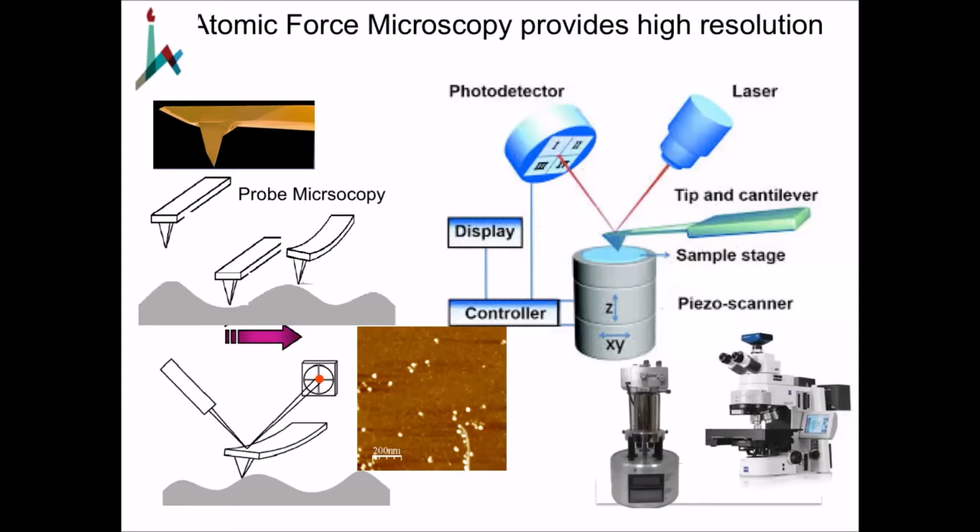That means you actually have a calibrated piezo, and you know that you moved it 10 angstroms, 5 angstroms, 10 nanometers, 100 nanometers. How much you moved it was exactly the topography of the sample that you were investigating, okay? And then you display those voltages on a screen, and that's your image, okay?